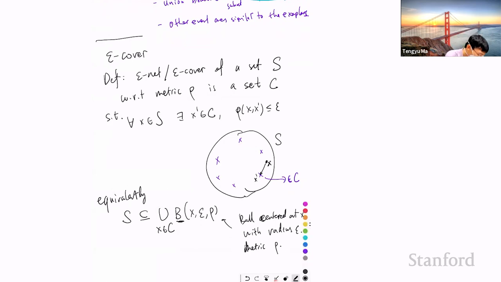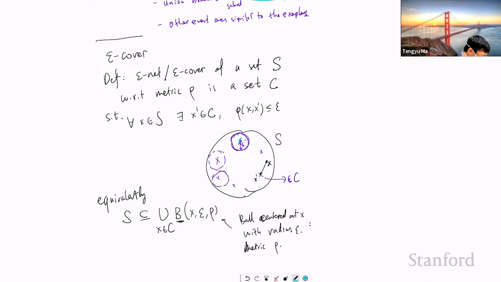So this is the equivalent definition of the epsilon cover. If you look at all the balls around all of these purple points, the radius is epsilon. This point covers the entire ball, because for every point in this ball, you can use the center as the neighbor.